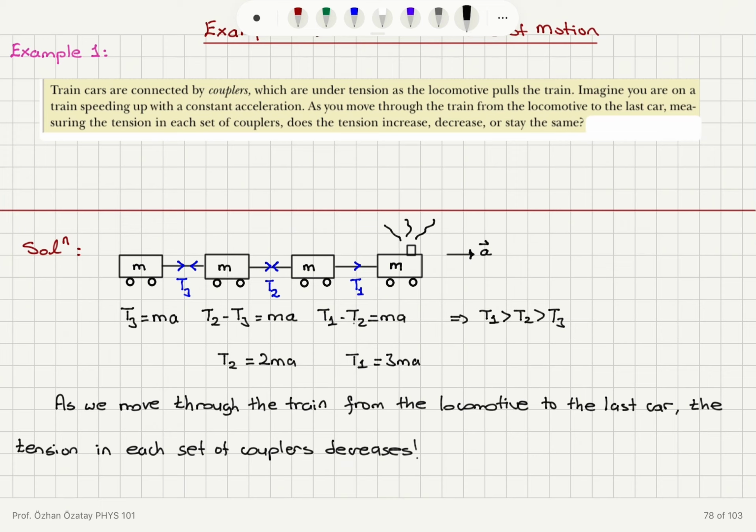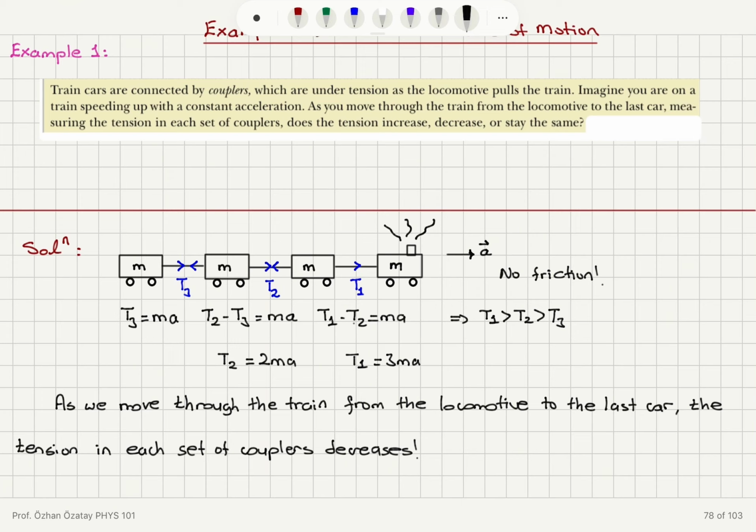So this is a nice application of Newton's second law. The net force acting on each car must be equal to ma. So we have to identify the net force acting on the last car as the only tension that is to the right. And of course, I'm assuming that there is no friction here. So we neglect friction. So the tension is the only force these couplers feel.